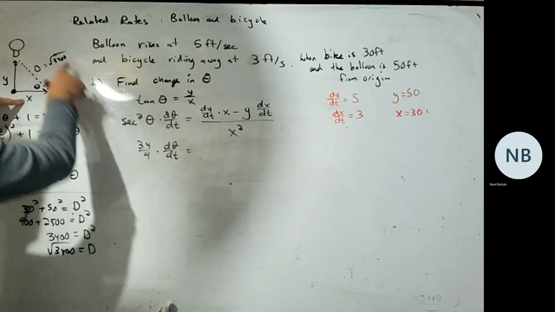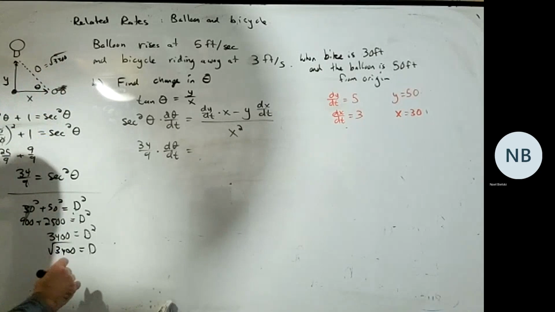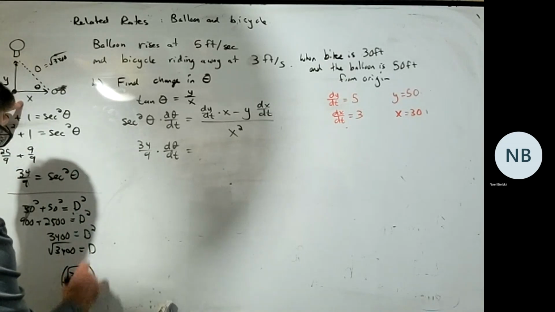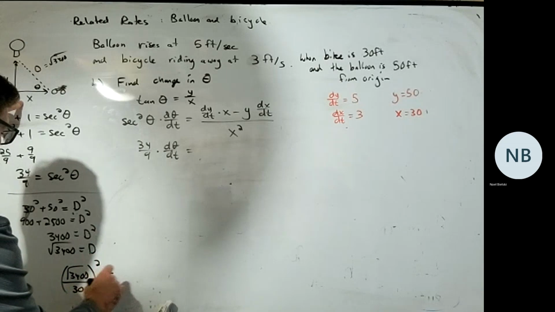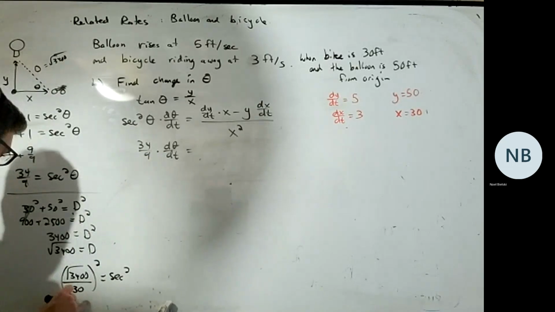So the secant squared is going to be this over this squared. So what it would be is secant squared would be square root of 3400 all over 30 squared would be equal to the secant squared. And 30 squared is going to be 900. And you'll see that this will simplify this.